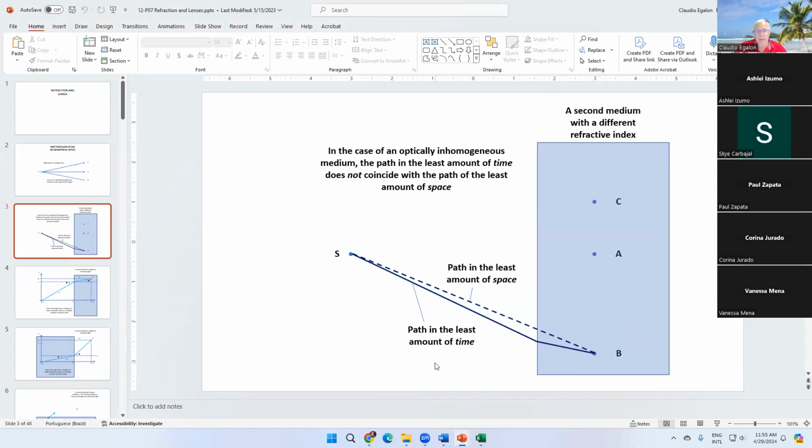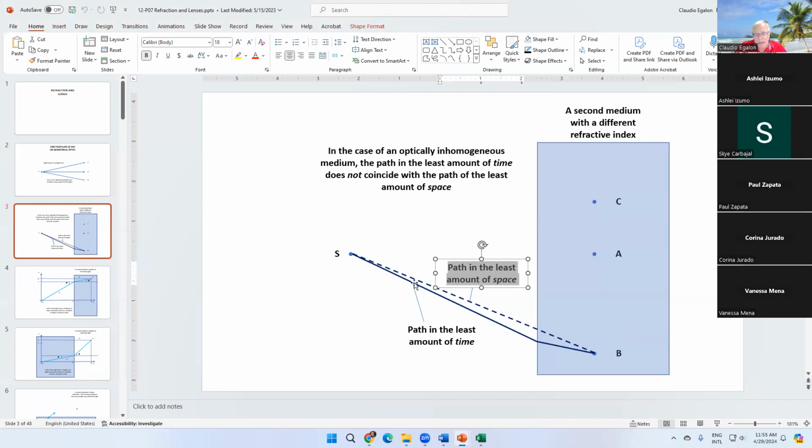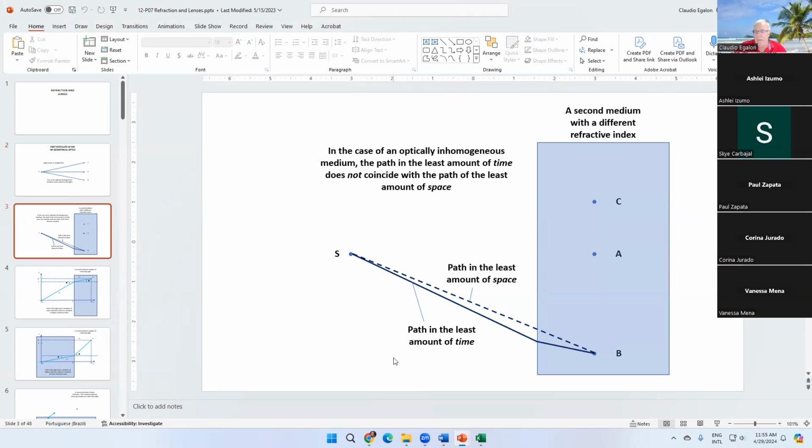It depends on the relative refractive index. See here, this dashed line is the path of least space, whereas this other one, the actual path of the light, is the path of least time. Light spends less time traveling this distance than traveling this distance here. It may be least space, but it's not least time.